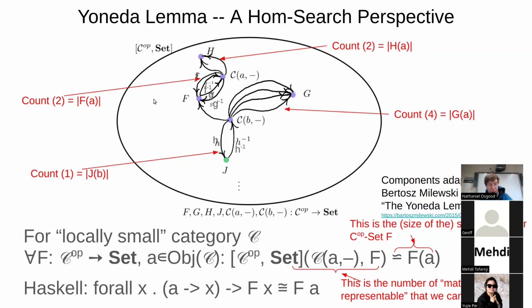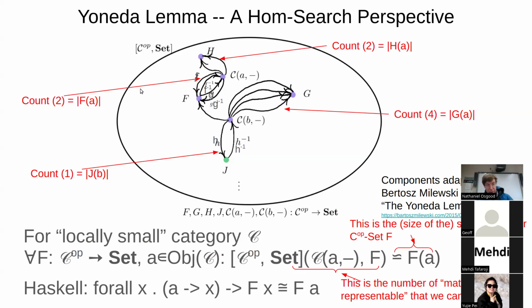So here, the number of A's in F, in other words F of A, or F of L, or F of V, the number F of A is in one-to-one correspondence with these matches. This is how many times it found a match from this to this. Just like here, it's in one-to-one correspondence.